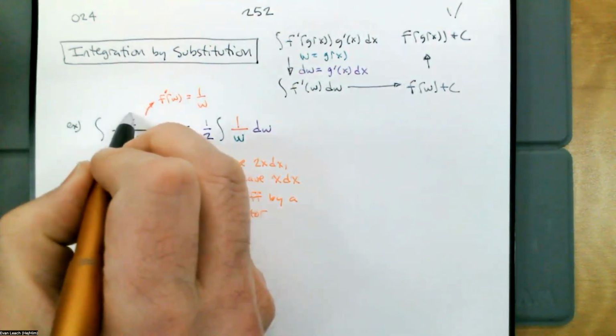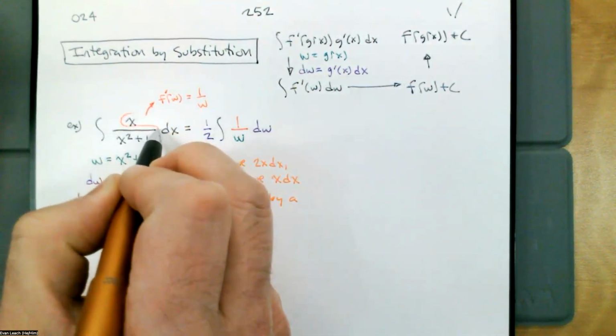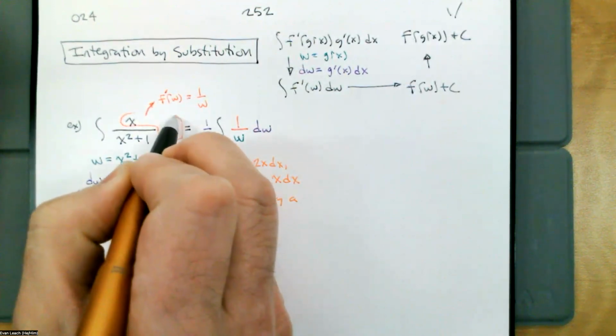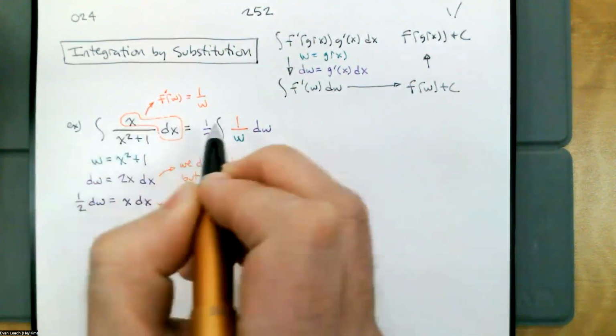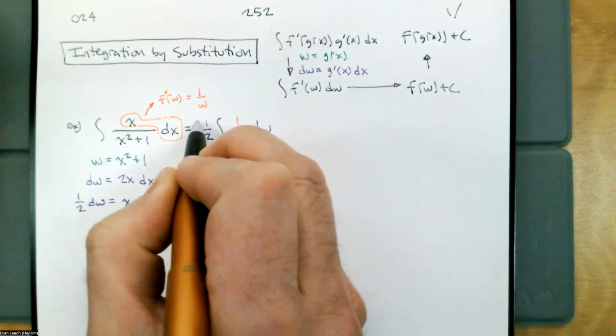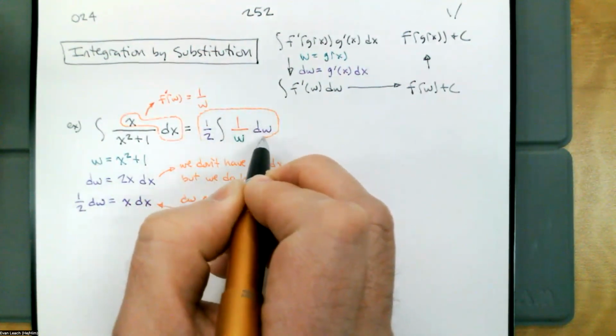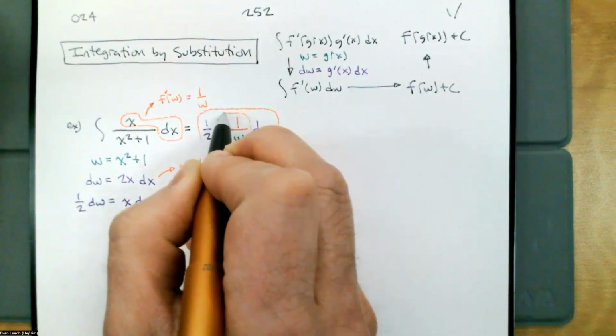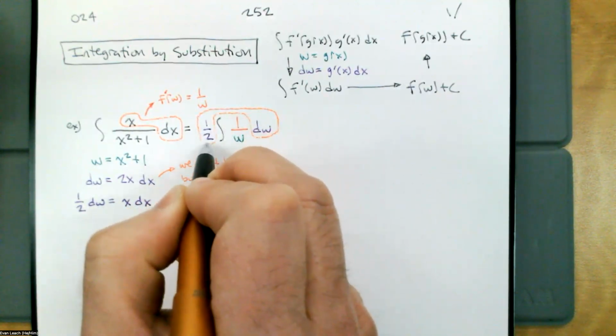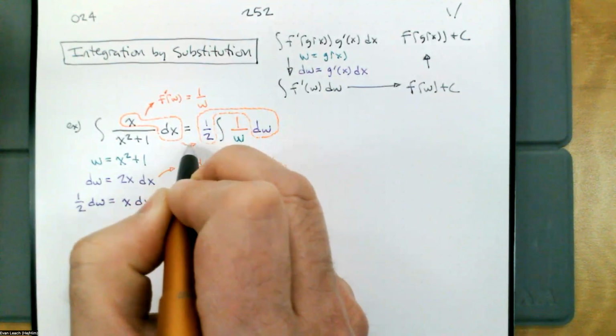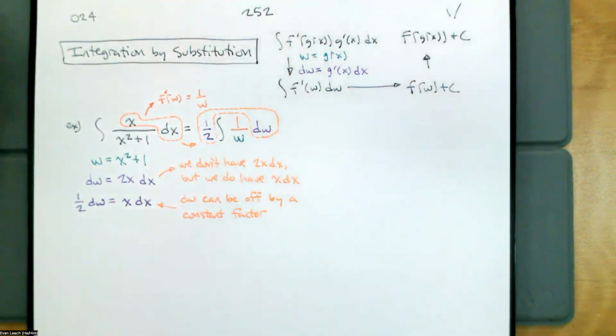So the x dx gets substituted for a 1/2 dw, or the other way around: half dw gets substituted for the x dx.